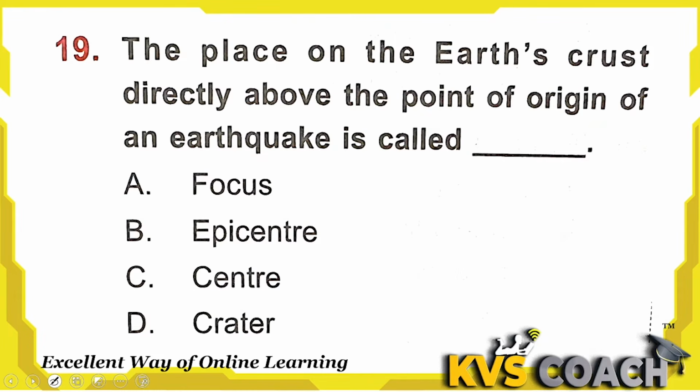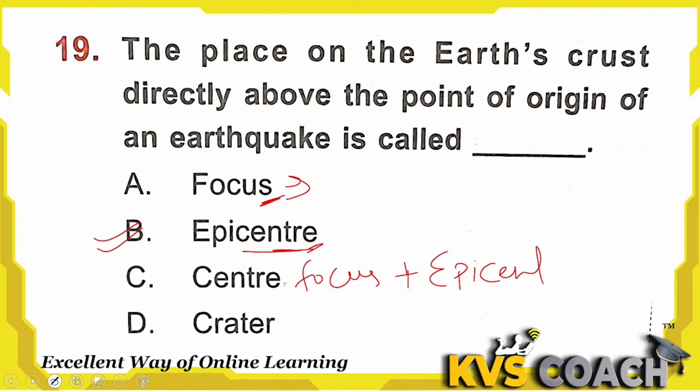Next is, the place on the earth crust directly above the point of origin of the earthquake is called. That is called epicenter. Option B is the right answer here. Focus is the point just below inside the earth under the epicenter. The earthquake starts from this point, and we feel the earthquake on the earth surface at the epicenter. Center is made up of focus plus epicenter, together known as center of the earthquake.